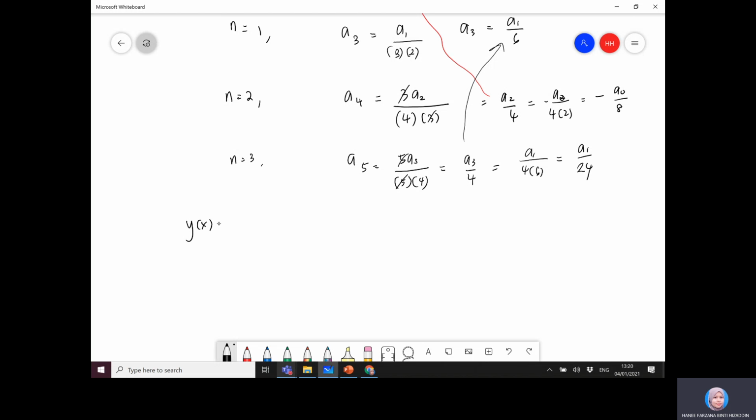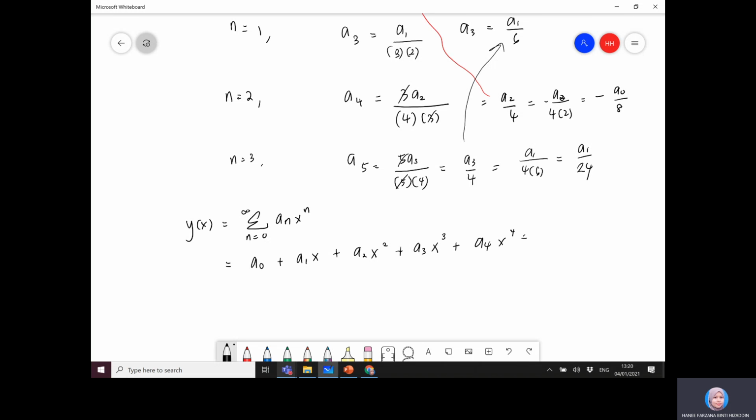So y of x in the series form was this. Then when you expand, you will get a0 plus a1x plus a2x squared plus a3x cubed and so on.